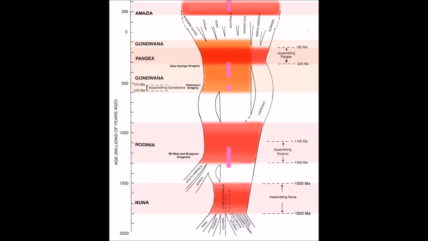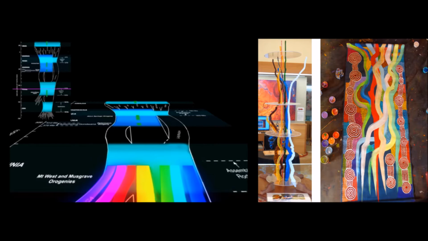The concept was a scroll that depicted the movement of the continents over 2 billion years, which would accompany the model and the animation, which were both looking at the same theme of continents moving across the surface of the Earth over 2 billion years, presented in 4 dimensions.